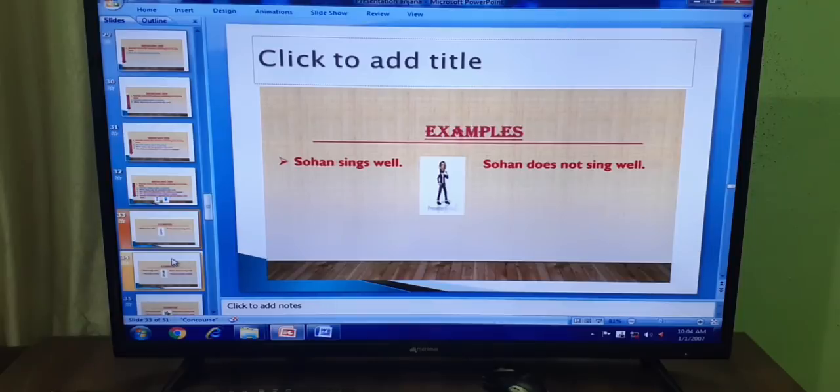Sohan, it is one. So it is singular. And as I told you, with singular we use does not. So you will write Sohan does not sing well. Just write does not before the verb, that is sing.